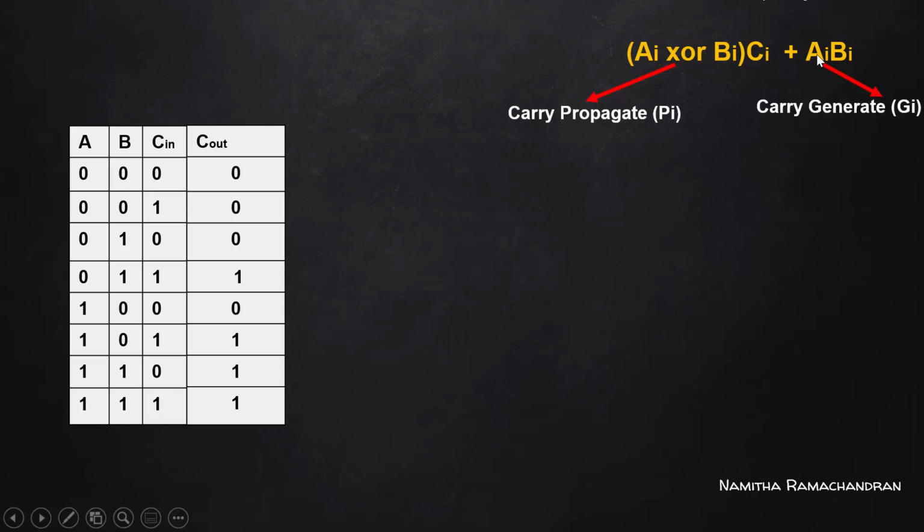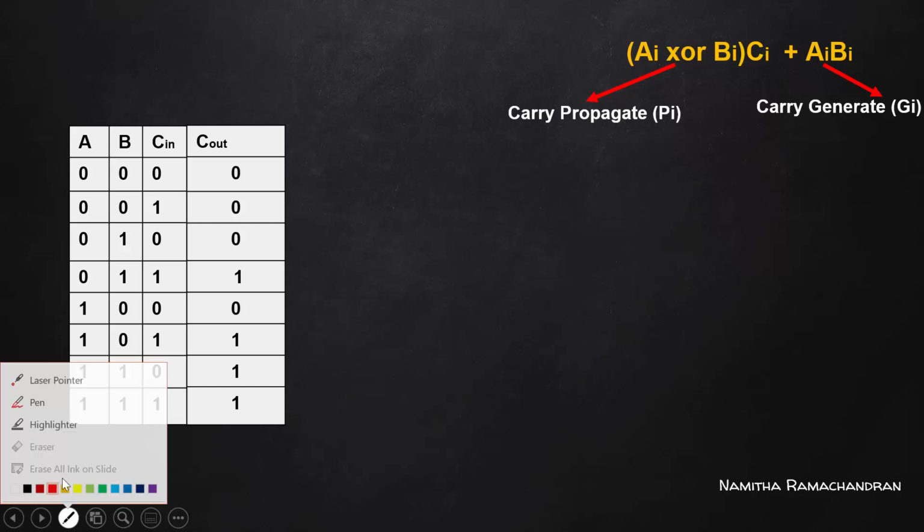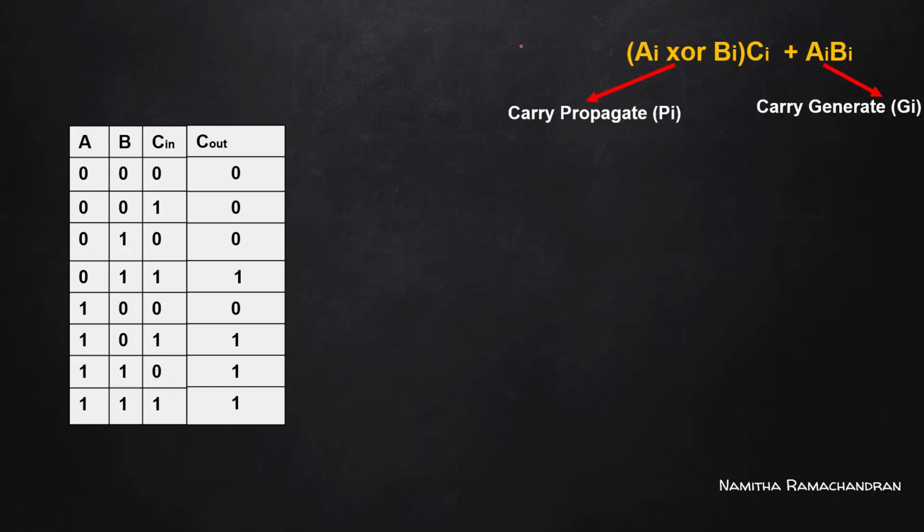This is the general expression for Ci plus 1, the carry output from ith stage. Ai XOR Bi is the carry propagator, in short we can represent it as Pi. Ai and Bi is the carry generate term, in short we can represent it as Gi.